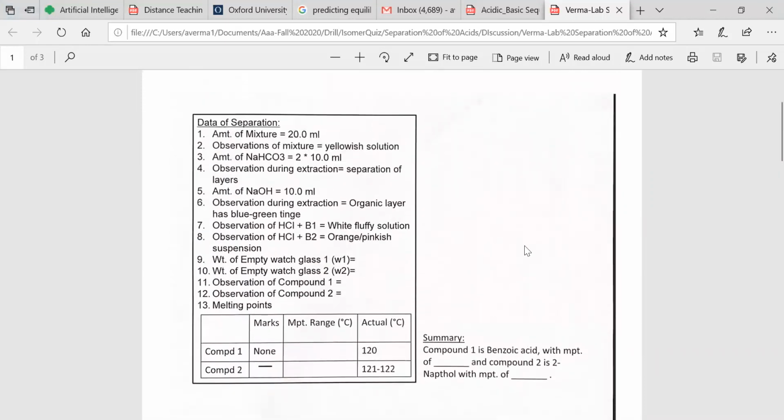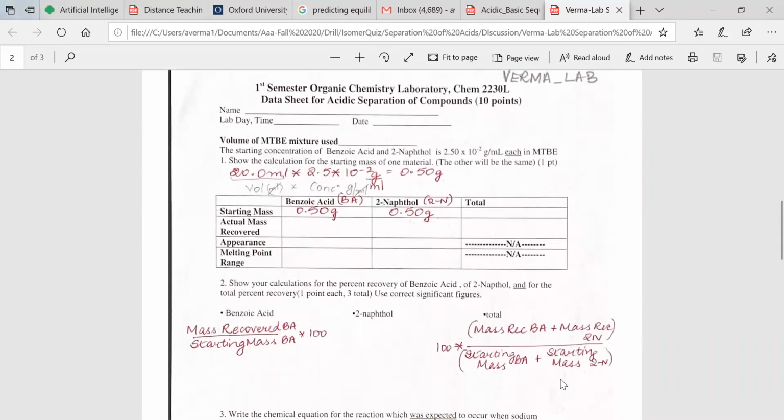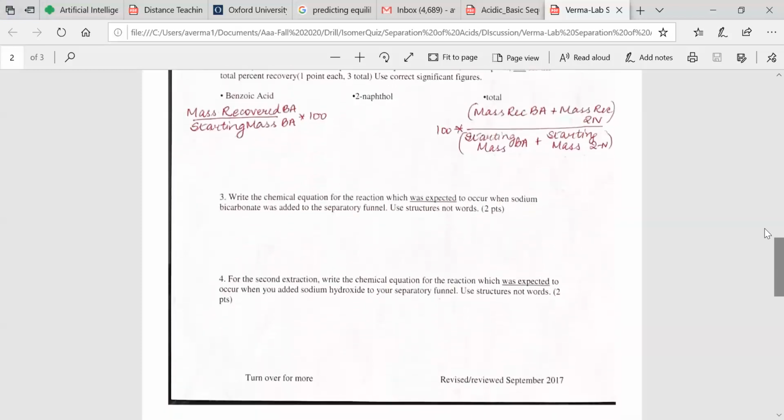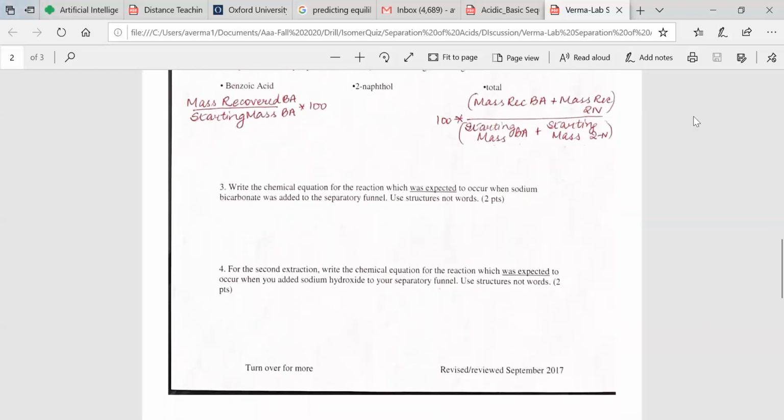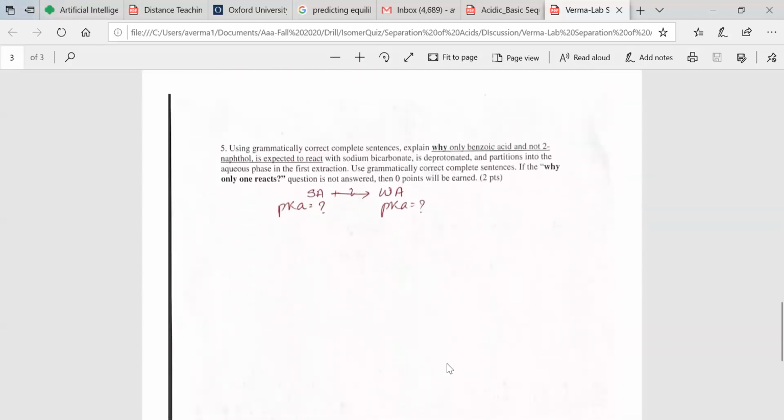When you submit your notebook, please submit your pre-lab and your data and your summary. For your data sheet, you will need to calculate several of these numericals, write out the appropriate chemical equations, and then answer the theoretical part of why only benzoic acid, not the naphthol, was expected to react with sodium bicarbonate.